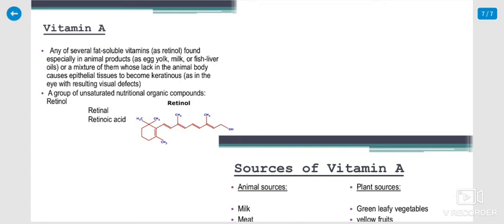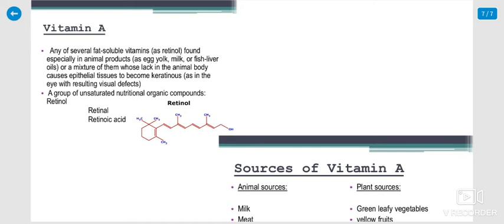Its lack in the animal body causes epithelial tissues to become keratinized, as in the eye, resulting in visual defects like night blindness.